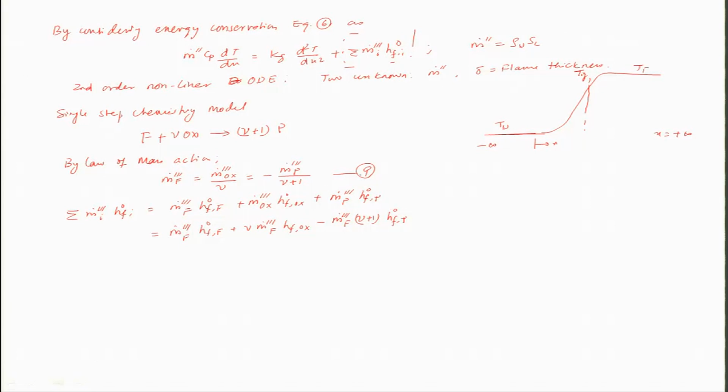Okay. So, I am just using equation 9 for the mass consumption of oxidizer per unit volume in terms of mass consumption of fuel per unit volume, right.